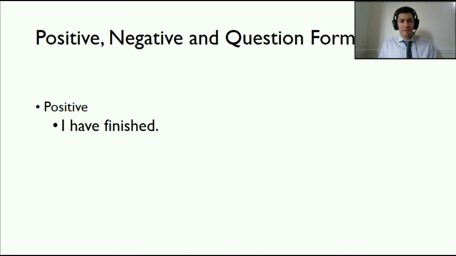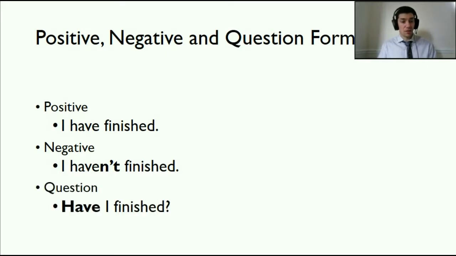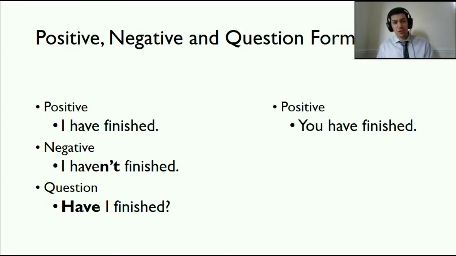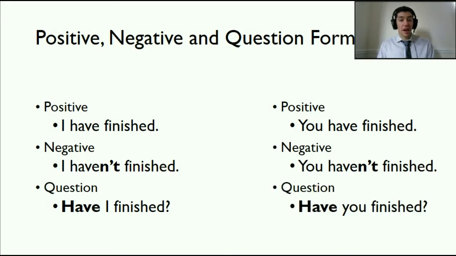I have finished. So what would be the negative form of this? I haven't finished. Have not, haven't. Question, have I finished? What about this one now? You have finished. The negative would be you haven't finished. And the question, have you finished?